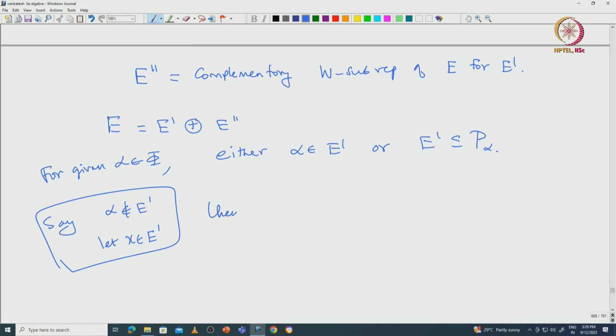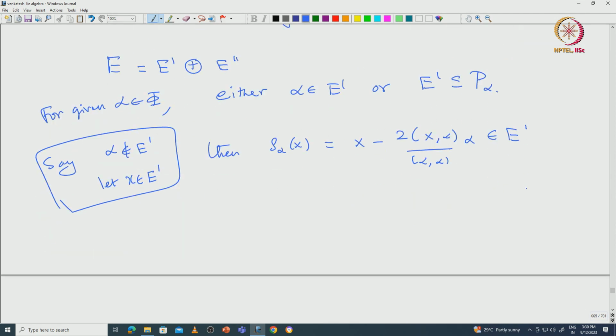Then if you apply S alpha of x, we get exactly x minus twice (x, alpha) divided by (alpha, alpha) times alpha. Now, since E dash is W invariant, S alpha of x must again be inside E dash, because E dash is W invariant and x is in E dash.